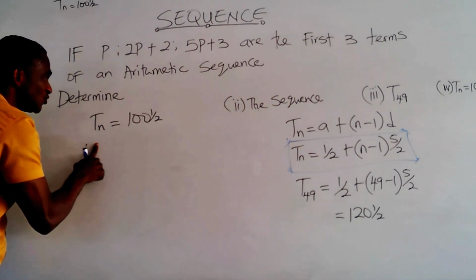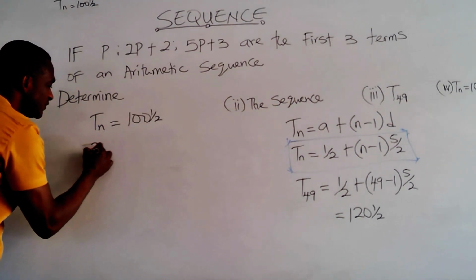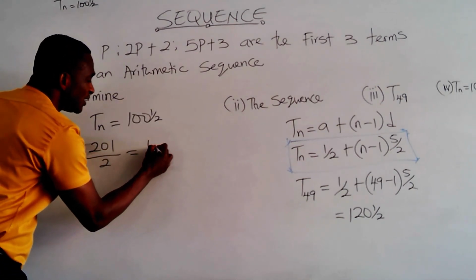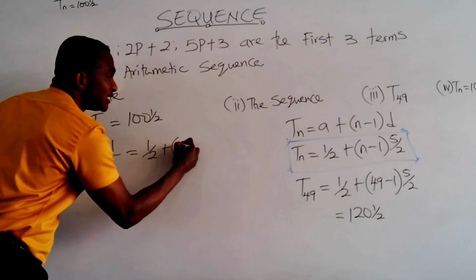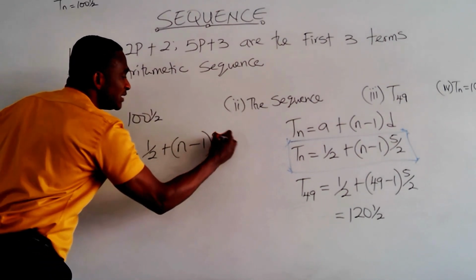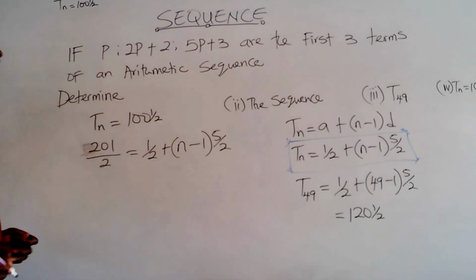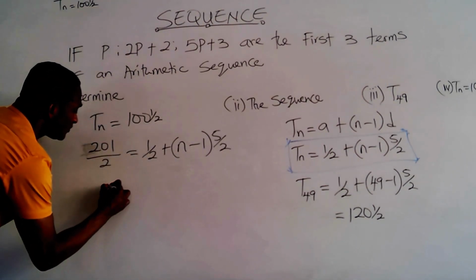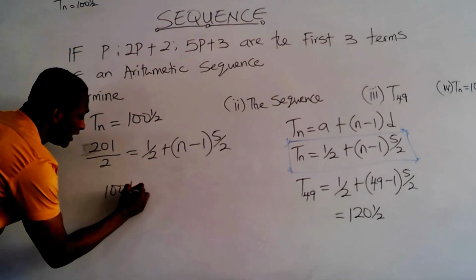This is 201 over 2 equals half plus (n minus 1) times 5 over 2. This is what we now simplify to get the answer.